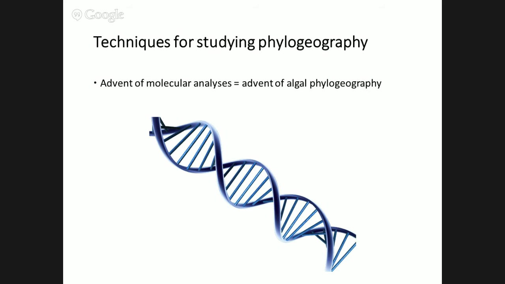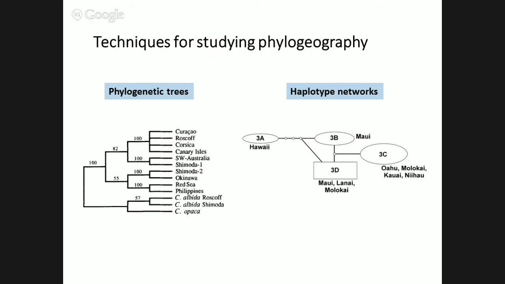It has been such a wonderful application to really getting a handle on how these things are moving around, where they've come from, how closely they actually are related to things that look very similar to them. And so I've put up here that the advent of molecular analyses also equaled the advent of algal phylogeography. And that's because I believe most of the patterns that we were inferring prior to this were pretty easily overturned. You'll see what I mean as we walk through some of these examples.